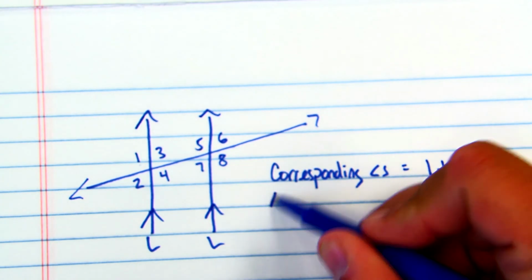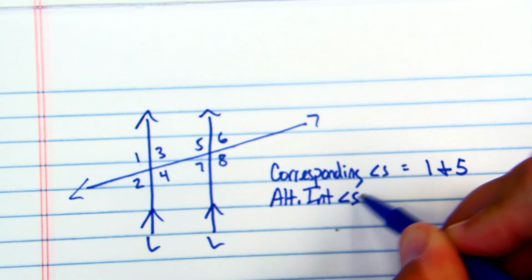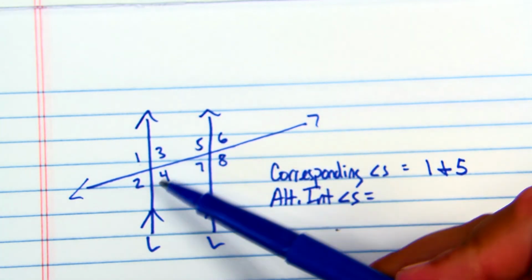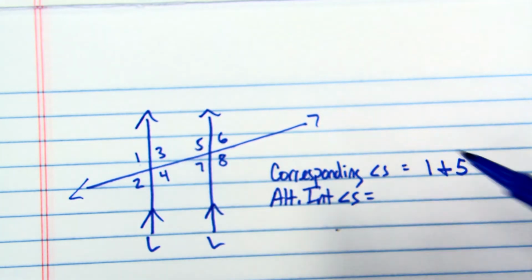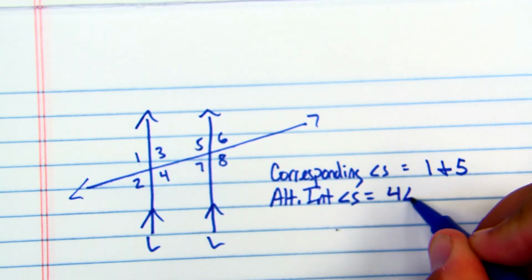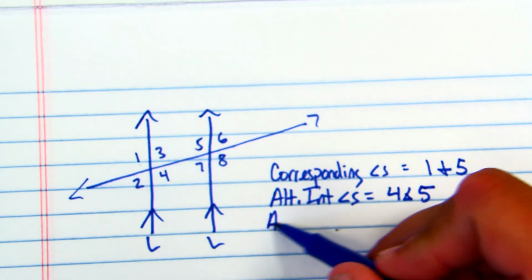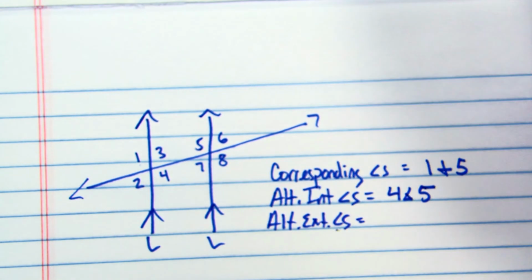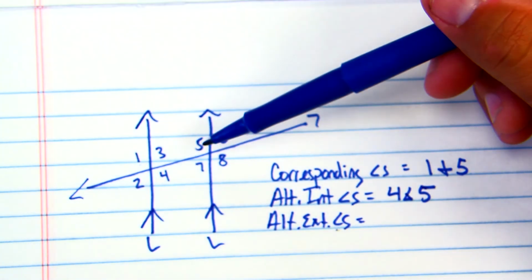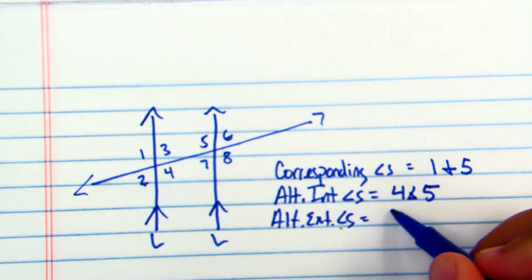Now, alternate interior angles are angles that alternate sides of the transversal but are on the inside of the parallel lines. So angle 4 and angle 5. Alternate exterior angles are angles that alternate sides of the transversal but are on the outside, like angle 2 and angle 6.